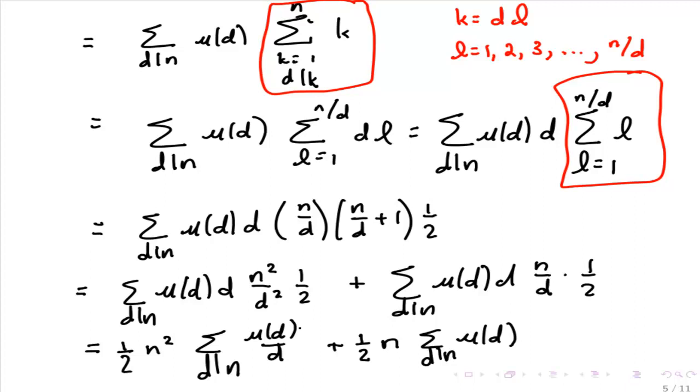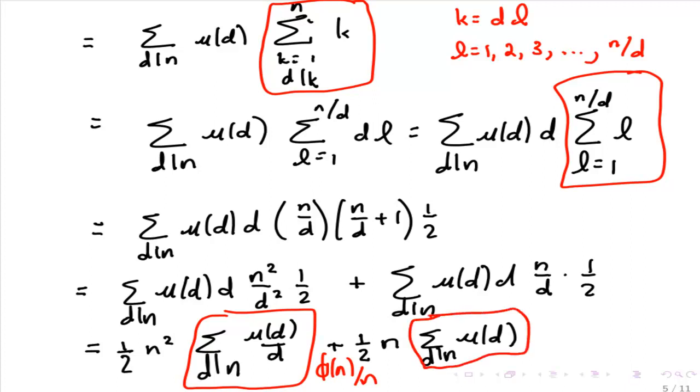This quantity we did last time is phi of N over N, and this quantity for N bigger than 1 is what? 0. So assuming that N is bigger than 1, this whole thing just boils down to 1/2 N squared times phi of N over N, which is 1/2 N times phi of N.